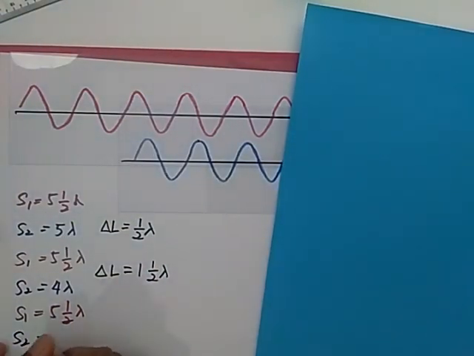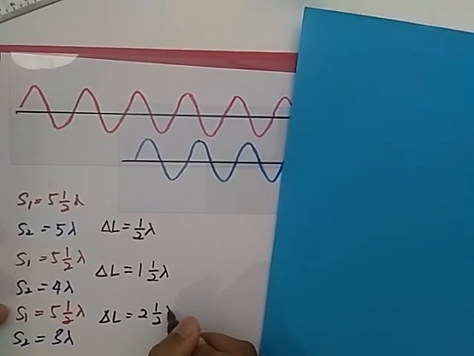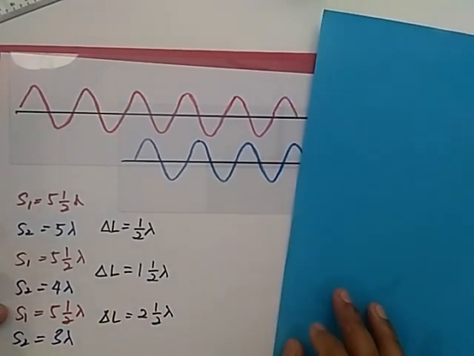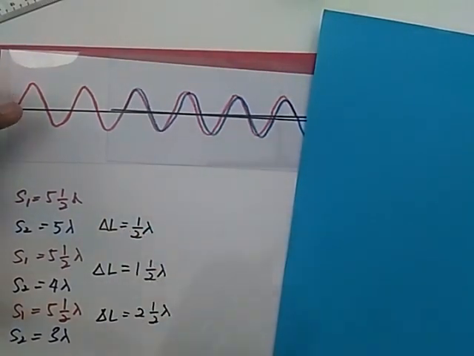So S2 is 3 lambda. Therefore, the path difference between source S1 and S2 is 5.5 minus 3 is 2.5 lambda.